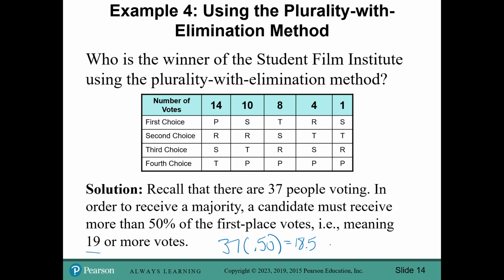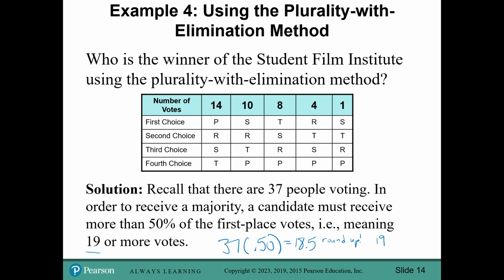And you're going to round up every time, even if it was 18.1 or 18.01. You'd still round up because you can't get a portion of a vote. You have to go over the 50%. So we round up to 19, and that's how we got 19. So the person has to get 19 votes in order to win this particular election.